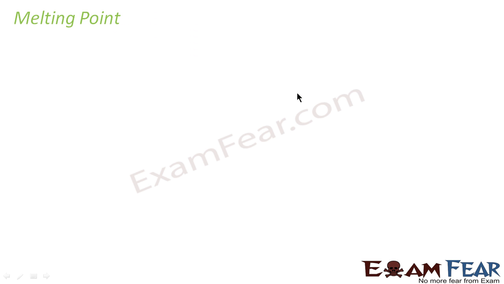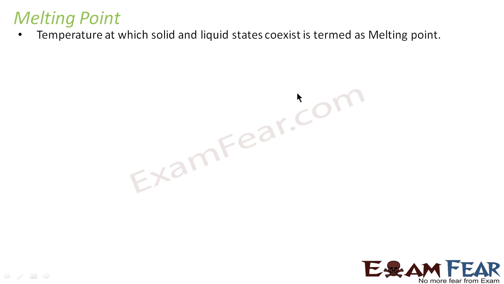Now, let us see what is melting point. Just now I told you that conversion from solid state to liquid state is known as melting. The temperature at which solid and liquid states coexist is called melting point. We discussed some time back that at thermal equilibrium, the two states can exist together.